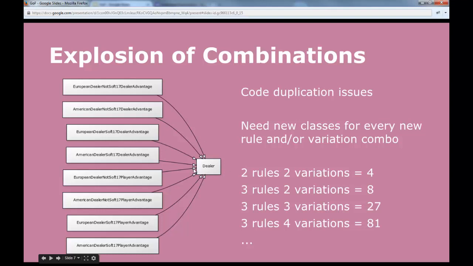If we come up with 3 variations for these 3 rules, we will have 27 classes to code. And if we have 3 rules with 4 variations, we will have 81 classes. So this kind of explodes on us. And doing 81 subclasses to dealer, that's not really what we would like to do. So we need some other way of doing this.